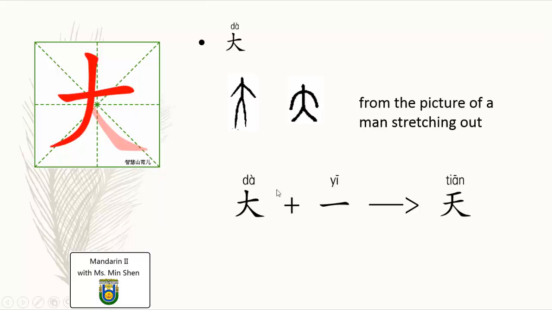And if we put 横 above 大, so you can understand the 一 above 大. In this character, you can think of the original picture. So this is a person stretching out, and one mark to highlight the meaning is above the person.